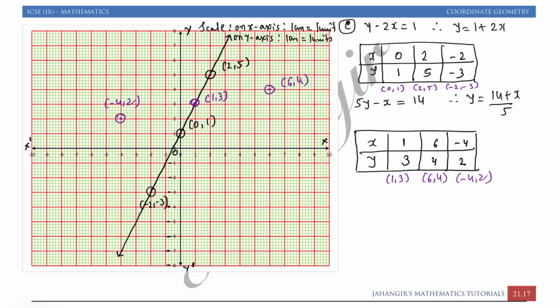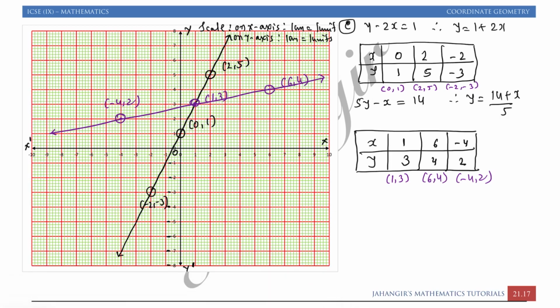If you see, whenever we have x and y, we are always getting a slant line. So where both lines intersect each other, that is our solution set.